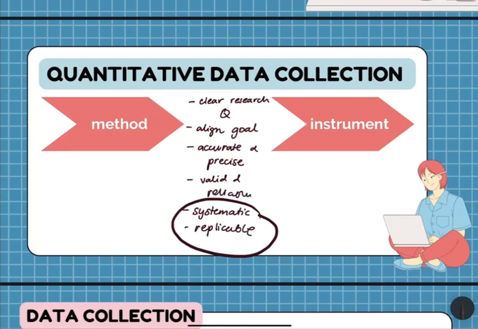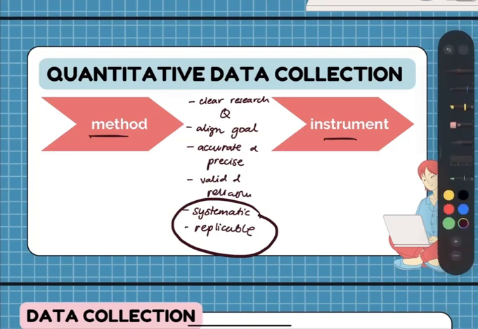Now, there are two components of your data collection. We have your method and we have your instrument. So what is really the difference between the two? When we say method, we're talking about approaches, strategies, and processes. So these are intangible components of your data collection.